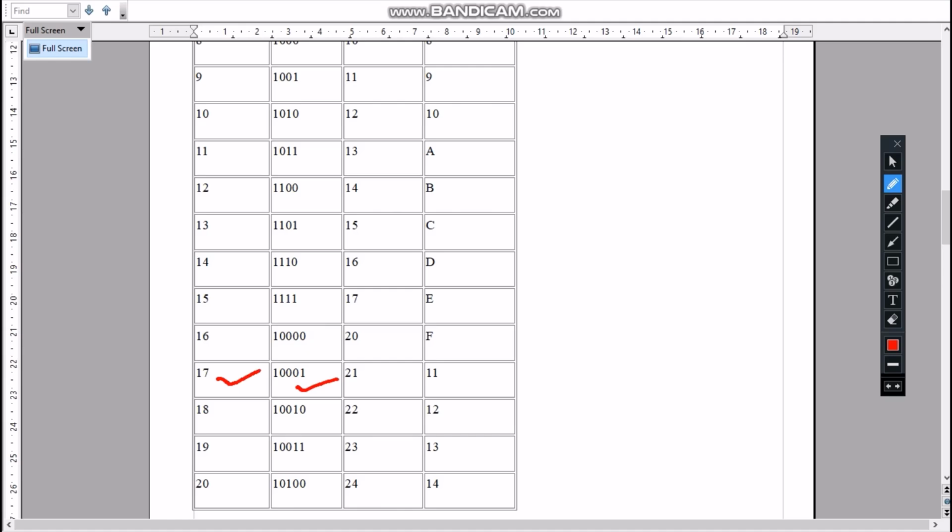Its octal equivalent is 21 and its hexadecimal equivalent is 11. It is not G because G is not a valid digit in the hexadecimal number system, and so on.